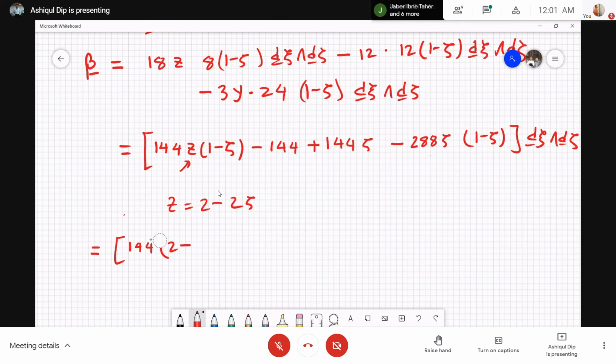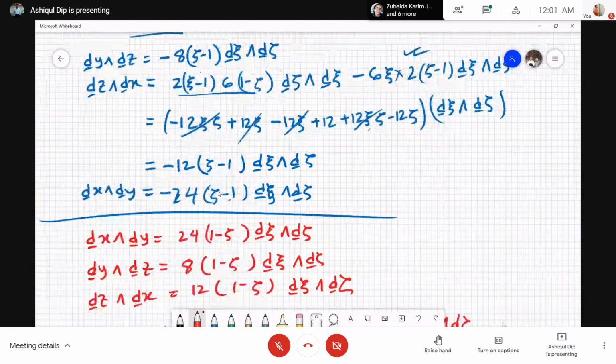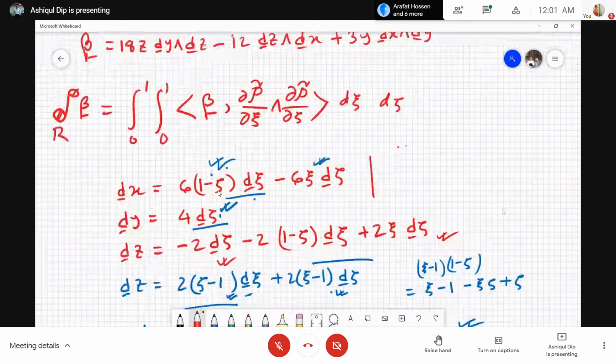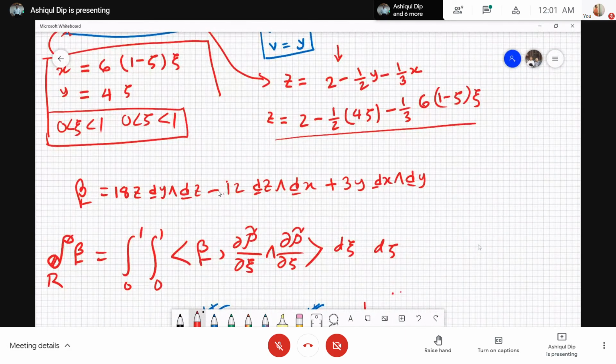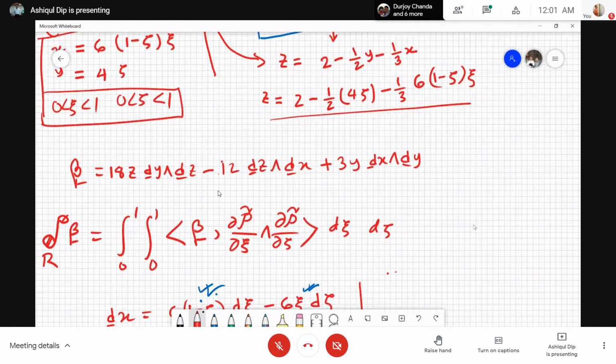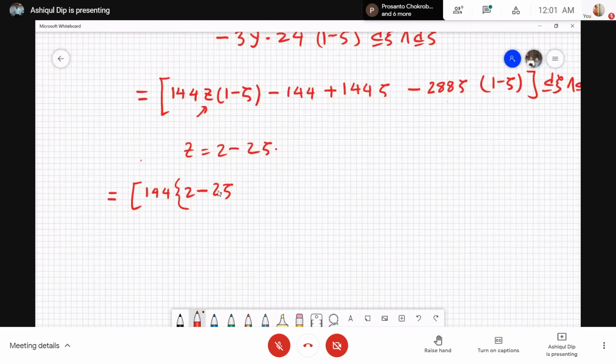It was 6 into (1 minus zeta) into xi, which is 2 into (1 minus zeta) into xi, right? Minus 2 into (1 minus zeta) into xi. Is that correct? Okay, let's substitute. So then minus 2 plus 2 xi zeta.